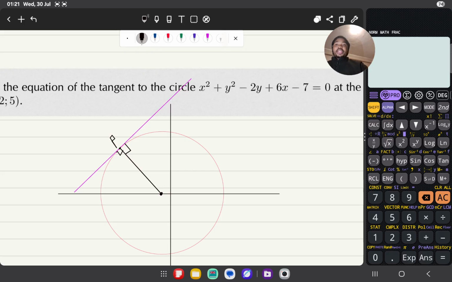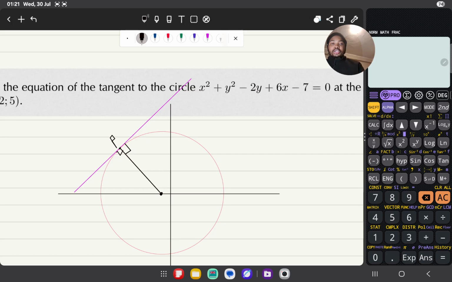That's something you must know for this. I think you did that in Euclidean geometry.